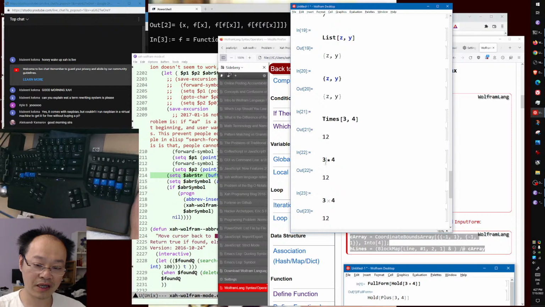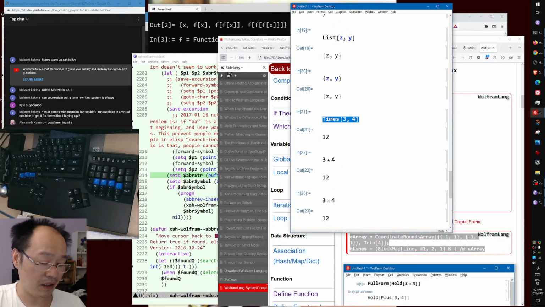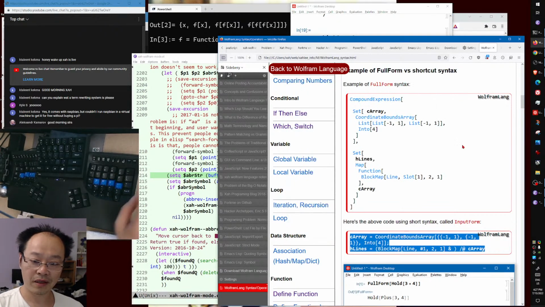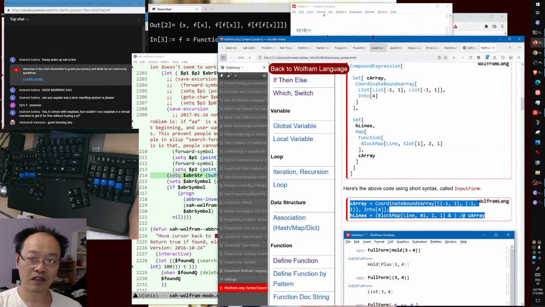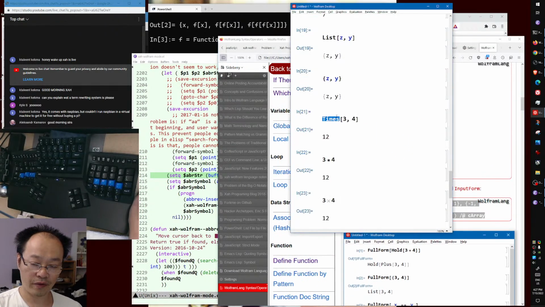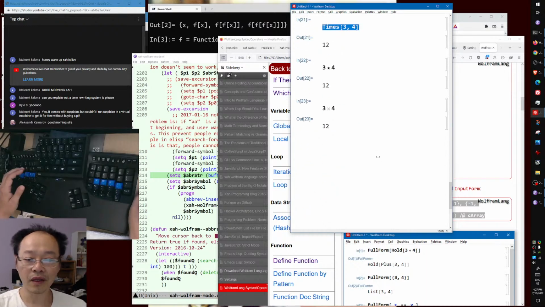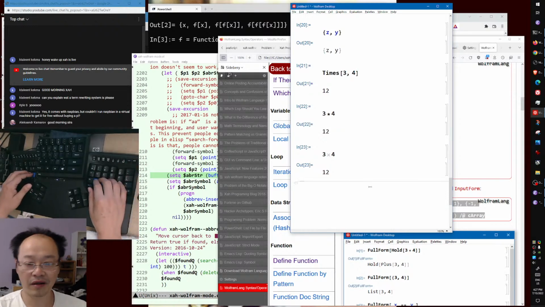The shortcut syntax is just for visual, easier understanding. What actually matters is the full form. This is important because when you get into advanced programming, like pattern matching, it's always done with the full form. When you want to match a pattern, like 3 times something, and things can be symbolic, for example, let me show you.